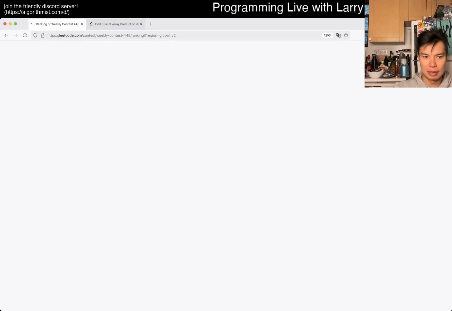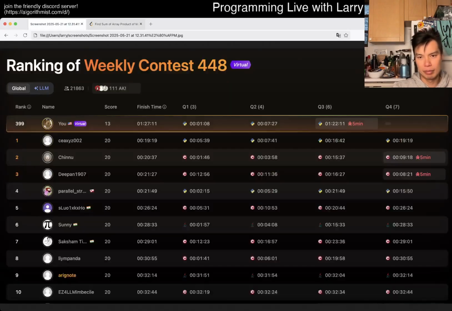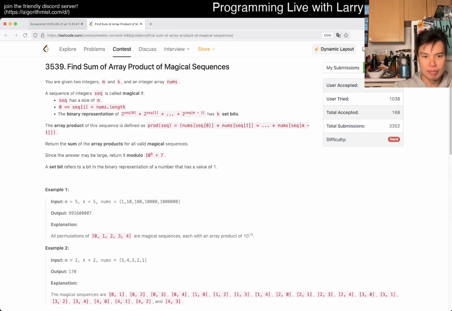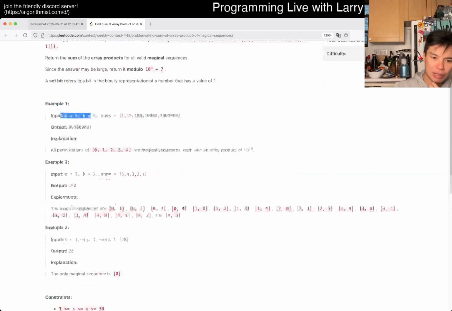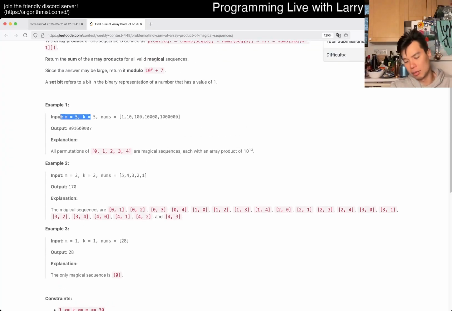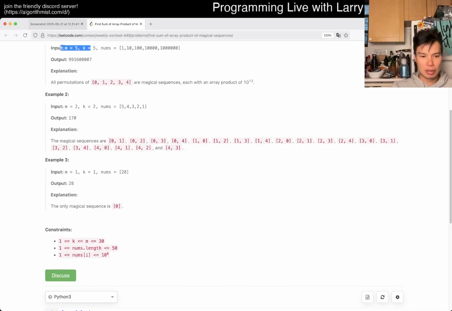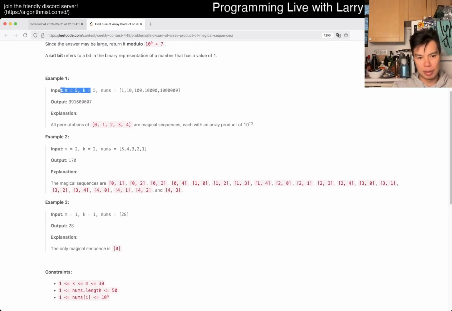I think I had a screenshot, but yeah. So here, okay. I mean, that's why they chose M and K, the same as the example.